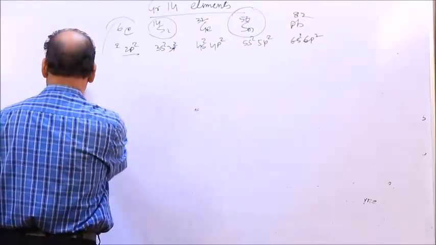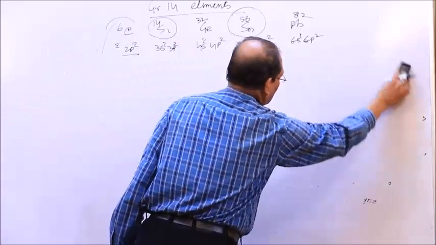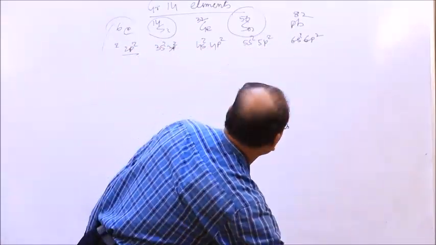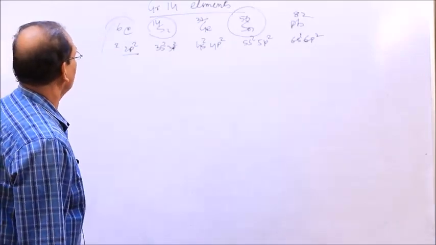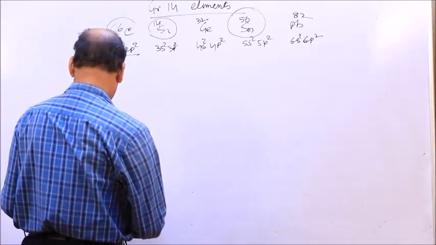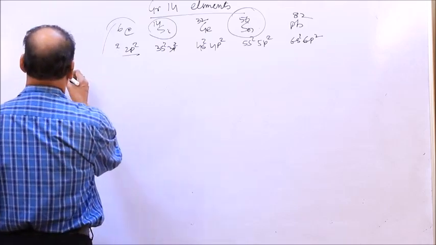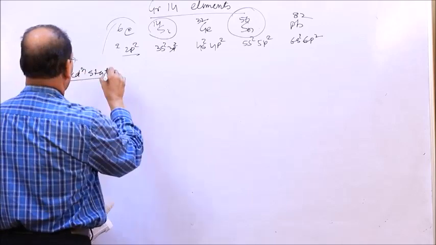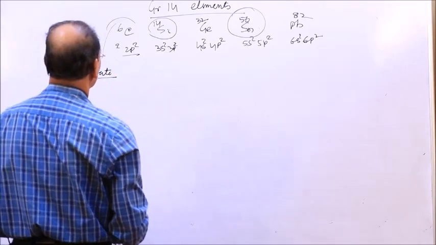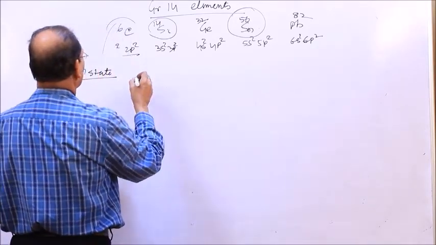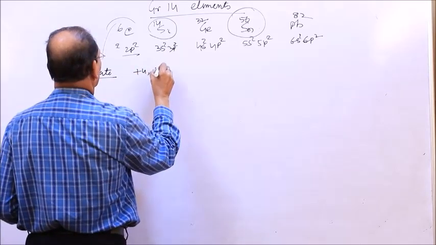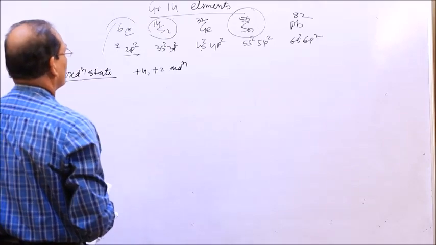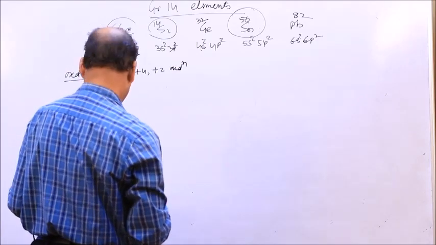Now we come to the chemical properties of the group 14 elements. First is the oxidation state. We have +4 and +2 oxidation states for the elements from silicon to lead.